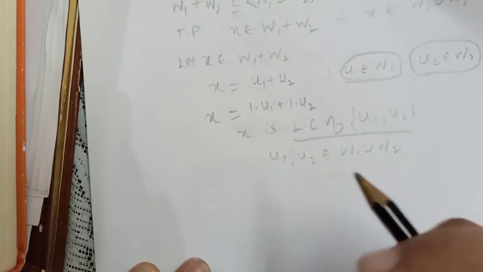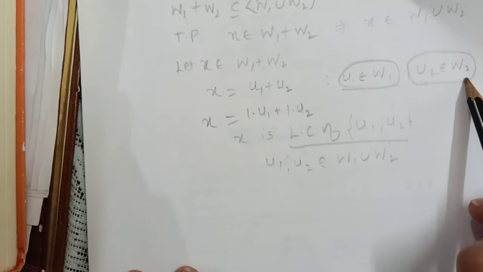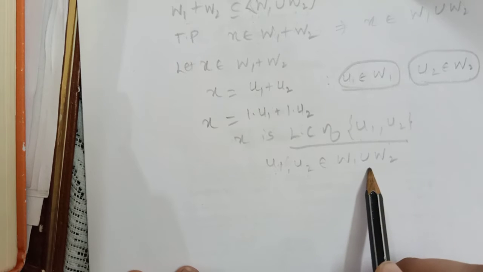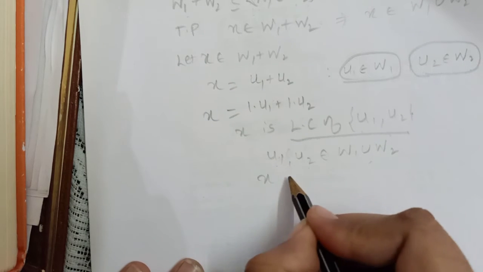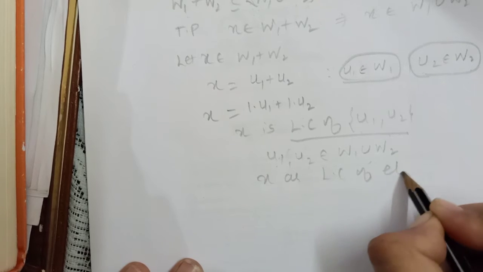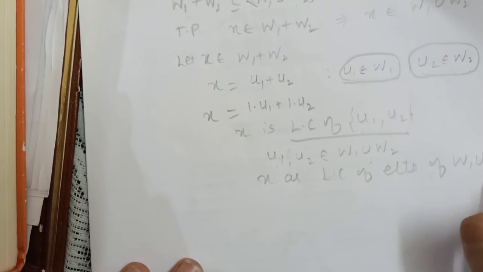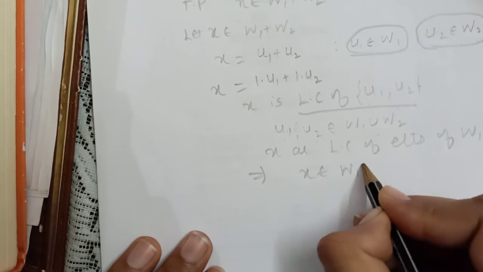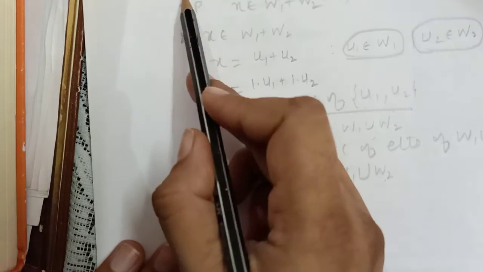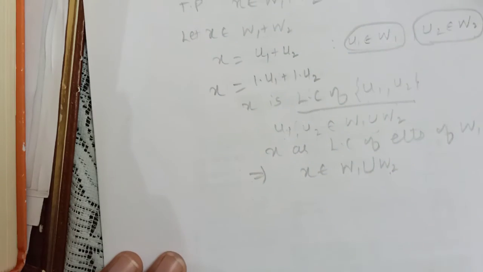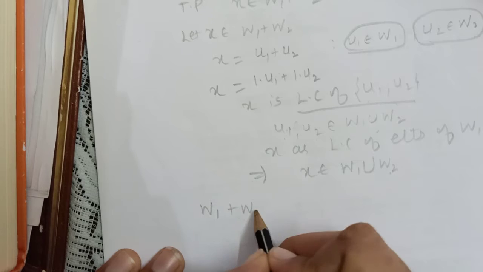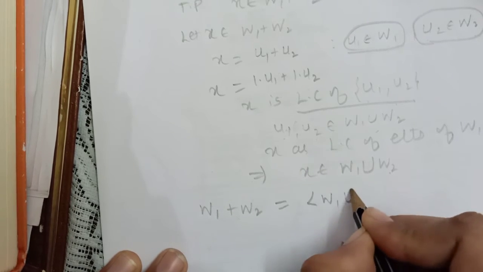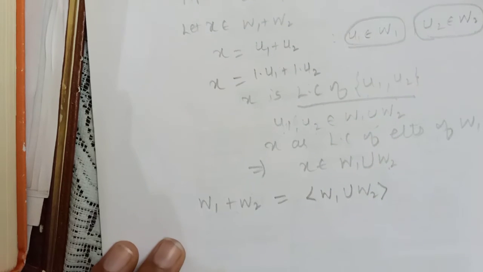This is the definition of union: all the elements of W1 and all the elements of W2 give you the union. So these two are in the union. So we have written x as a linear combination of elements of W1 union W2. So what does that mean? That would mean x belongs to this span. So we are done with this part also. So what we have proved is that W1 plus W2 is equal to this set.